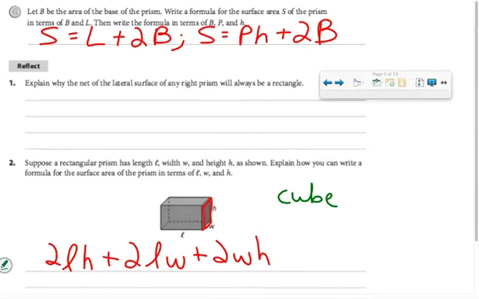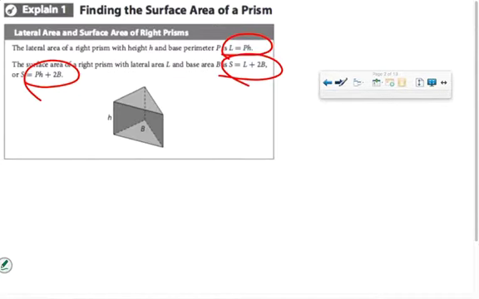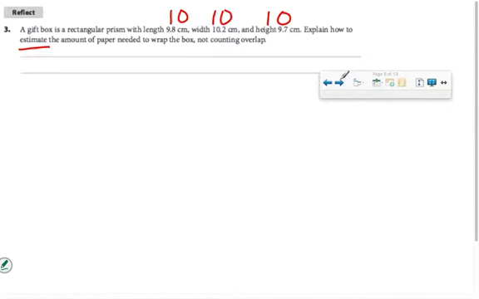So the cube surface area would be 6 times side length squared. If I use that to make my estimate, I've got 6 times 10 squared, which is approximately 600 square centimeters.